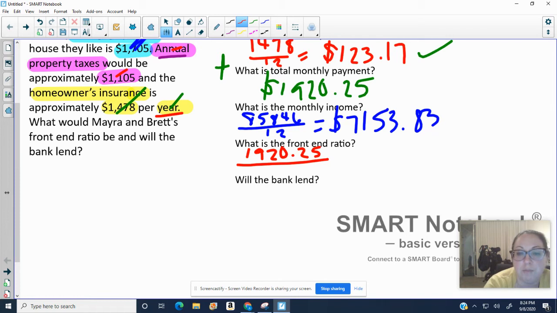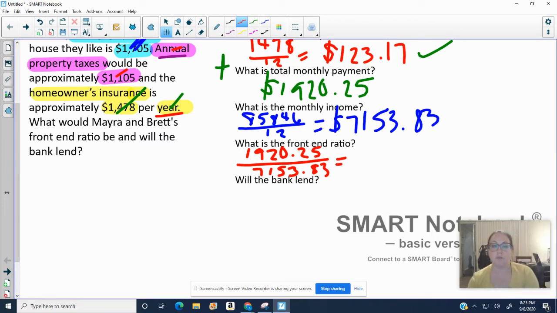And we are going to divide it by our gross monthly income. That's the second amount we just found, 7,153.83. So to set up a ratio just means fraction, do all the housing expenses on the top and then the gross monthly income on the bottom, okay?